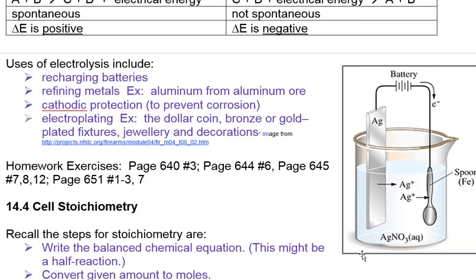So with these applications, we do sometimes want to do some calculations, such as, well, how long do we have to run a current through? What current do we need? How much metal will we get when we run a current through? So we have some cell stoichiometry on these, but we're always focused on really just one half of what's going on.